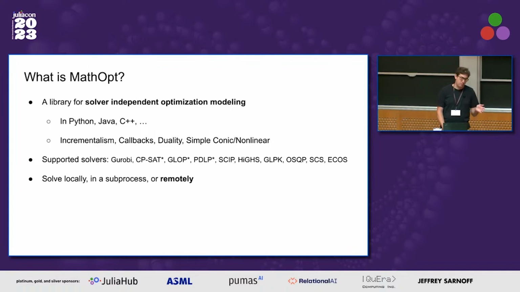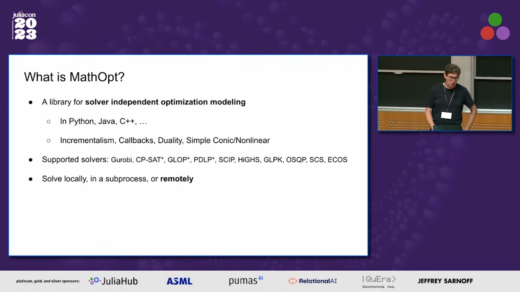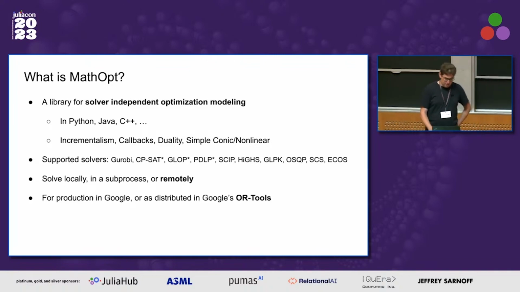It's designed from the beginning to either solve locally, to solve in a subprocess, or to solve remotely on another machine. And when we say solve, our goal is to support all of the features, including incremental solves and callbacks, when the solver is in a separate process from the modeling code. We use it in production at Google, and it's distributed as part of Google's open source OR Tools.